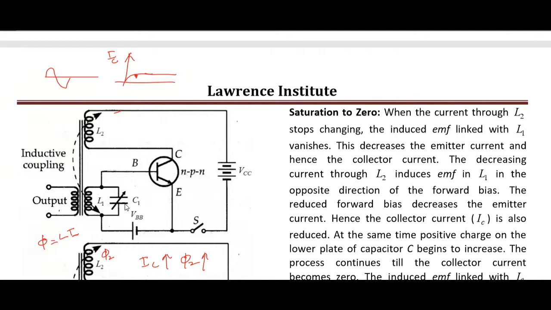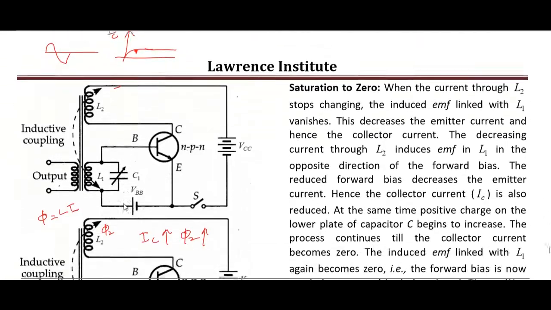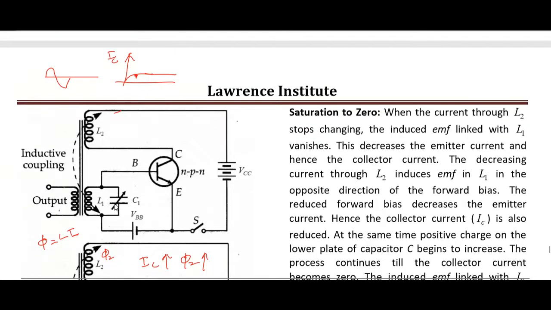At saturation, I will write here because I can refer easily to the diagram from here. Saturation state. This circuit. From this I will explain. What happens? This is the saturation. At saturation, what happens?